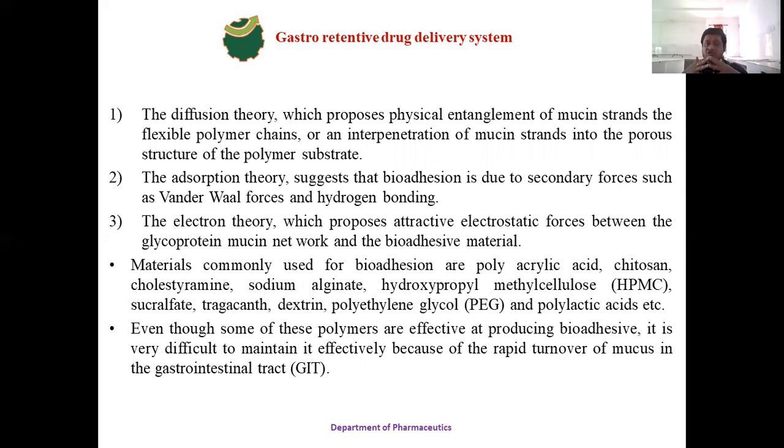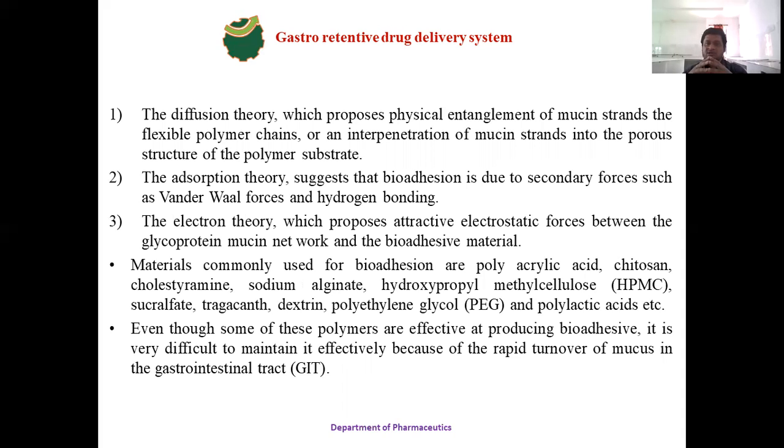The next one is the adsorption theory. Adsorption theory is based on secondary forces like van der Waals force and hydrogen bonding, so bonding between the bioadhesive polymer and the glycoprotein or mucin present in the mucosal surface. Next is the electron theory.